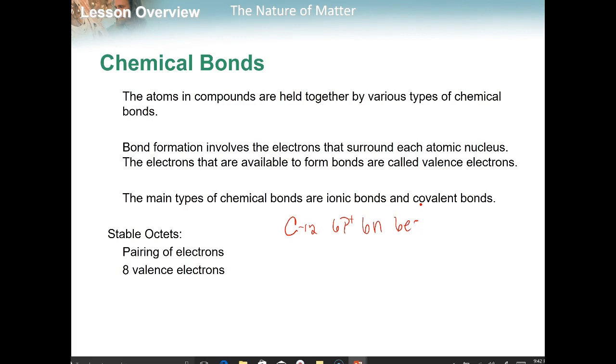So when we think about how atoms bond, do you think they bond by the nucleus, or by what's orbiting outside that nucleus, the electrons?